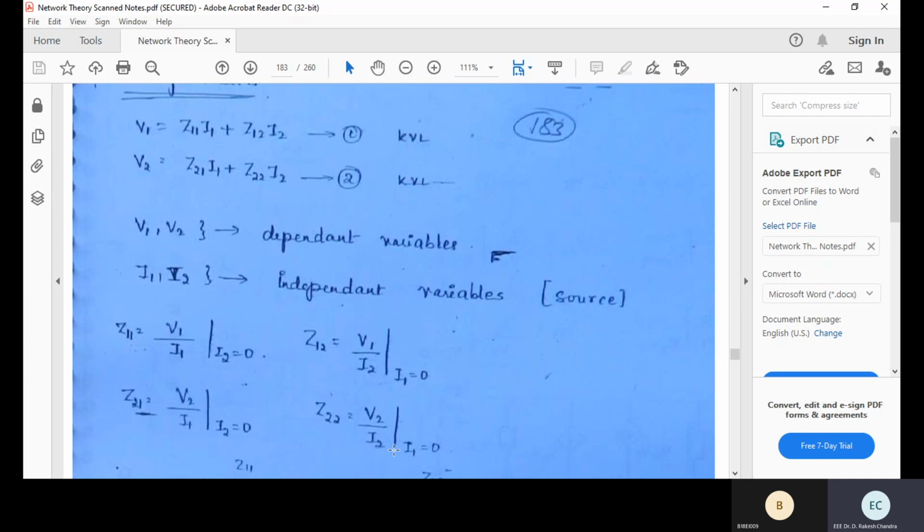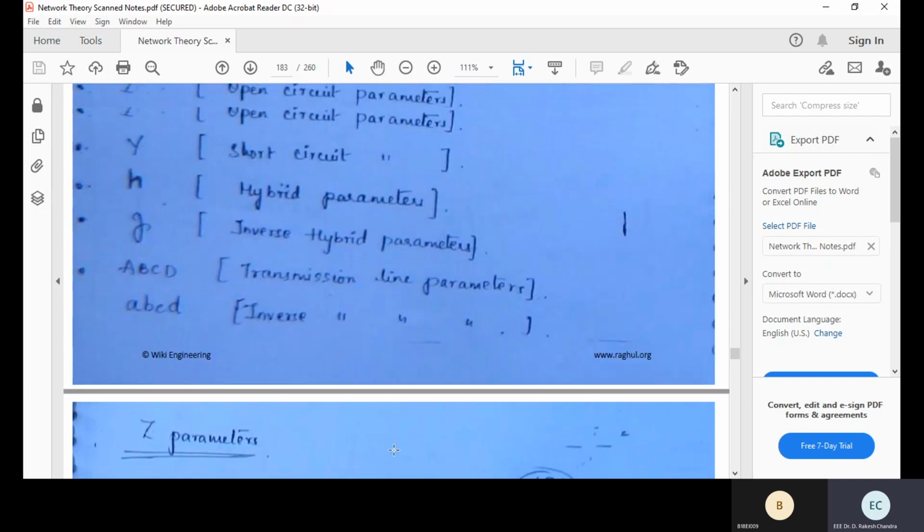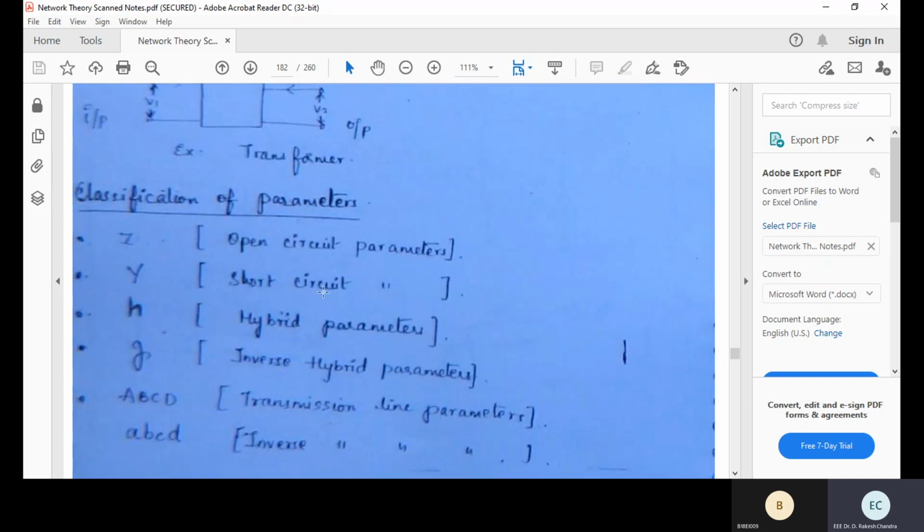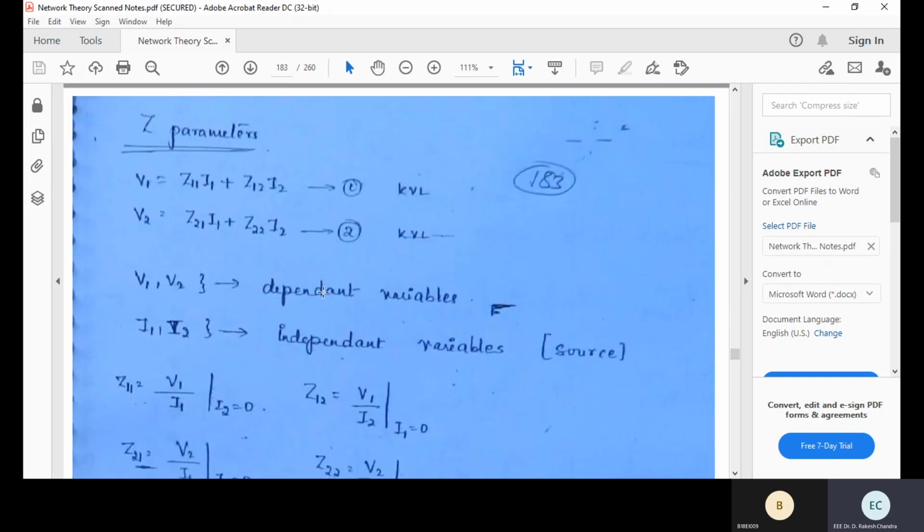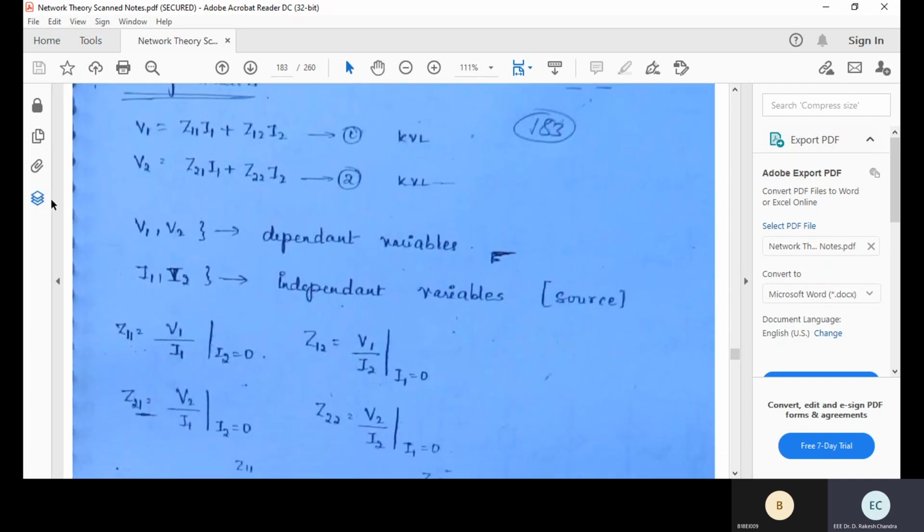So that is the reason why Z parameters are also called open circuit parameters. Do you understand why they are called open circuit parameters? Because in order to find Z11, Z12, Z21 or Z22, any Z parameter, we have to open either the primary side or the secondary side. To find Z11, you have to open the secondary.